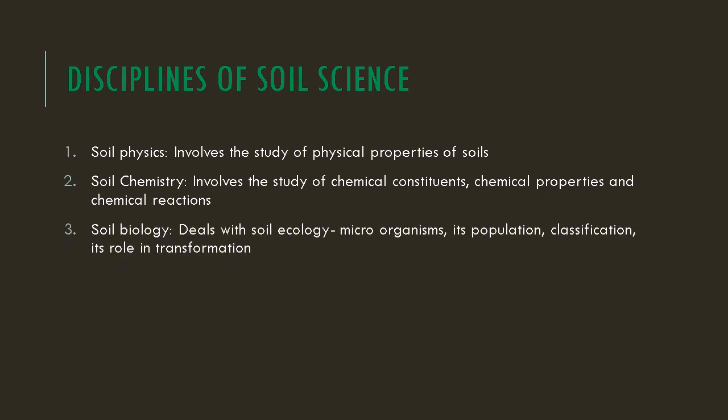Lastly, we have soil biology that deals with soil ecology. We are talking about microorganisms that may end up affecting the nature of the soil in terms of the nutrients. In this case, we also want to talk about how the soil is colonized by microbial organisms such as rhizobial species and mycorrhiza, their classification and their role in transforming a particular soil.